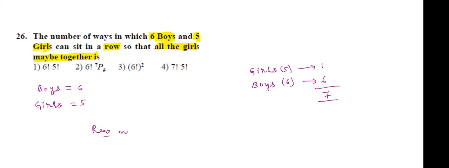Required number of arrangements, that is equal to 7 units can be arranged in 7 factorial, but all the girls treated as 1 unit, those girls can be arranged among themselves. That is 5 factorial. So answer is 7 factorial into 5 factorial. Fourth option, correct.